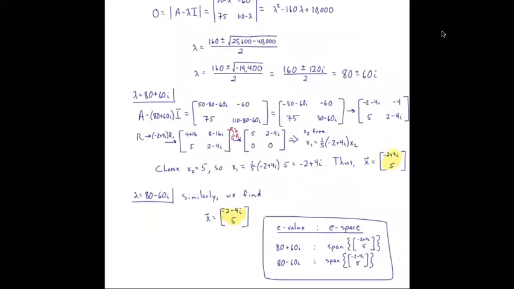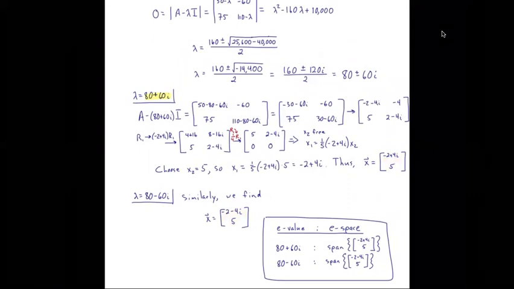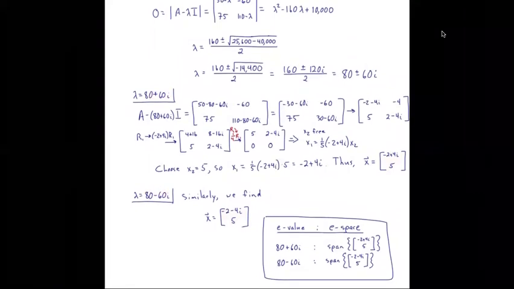In fact, when we look closely, we realize that this eigenvalue has complex conjugate, which is this one. And these eigenvectors are also complex conjugates of each other. If I take the complex conjugate of this eigenvector, the only thing I change is the plus sign in front of 4i, and I get negative 2 minus 4i, and I end up with my other eigenvector.